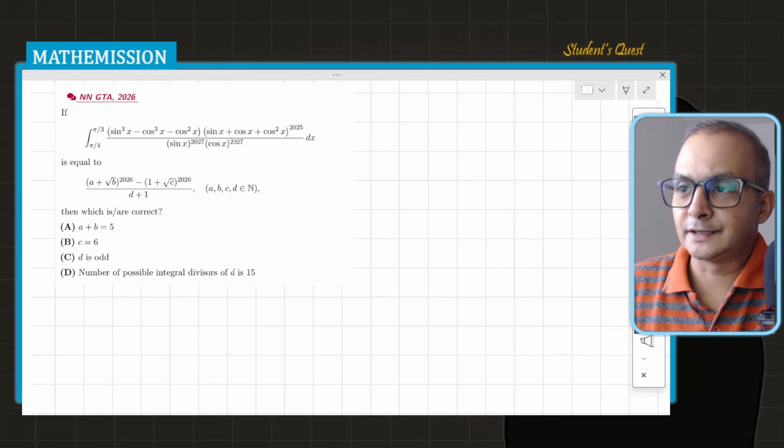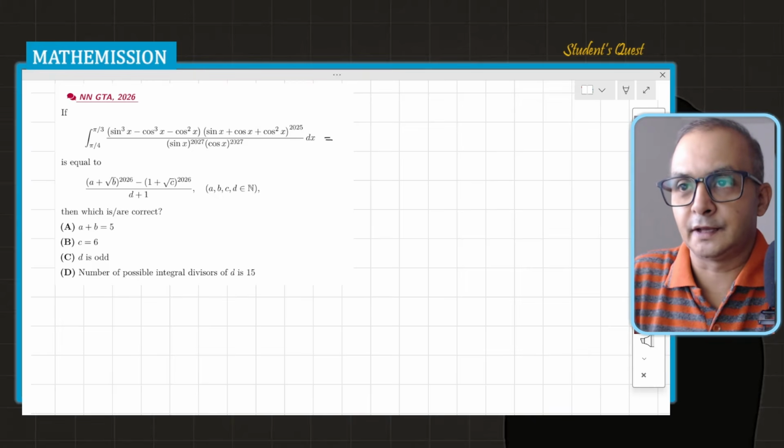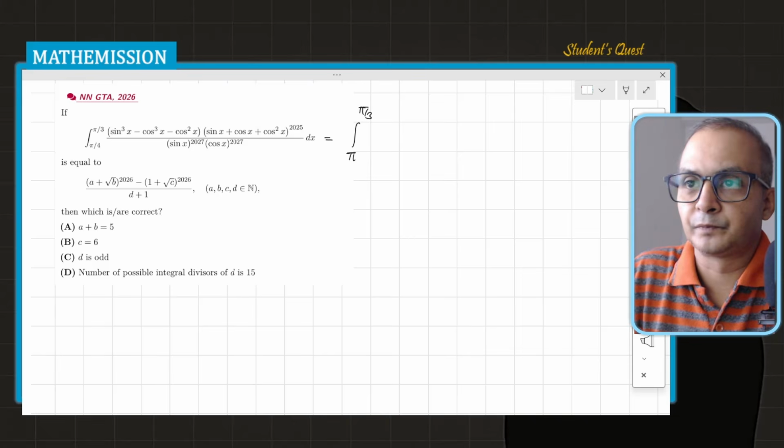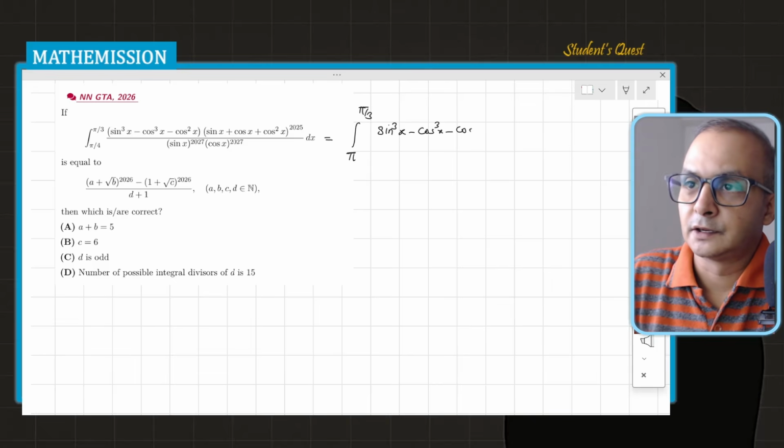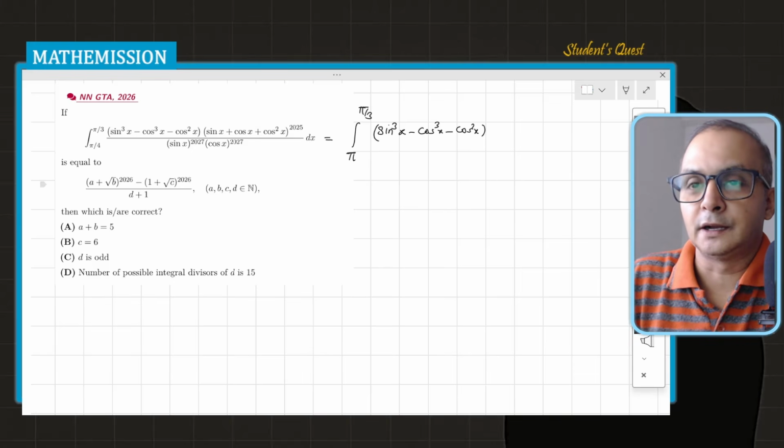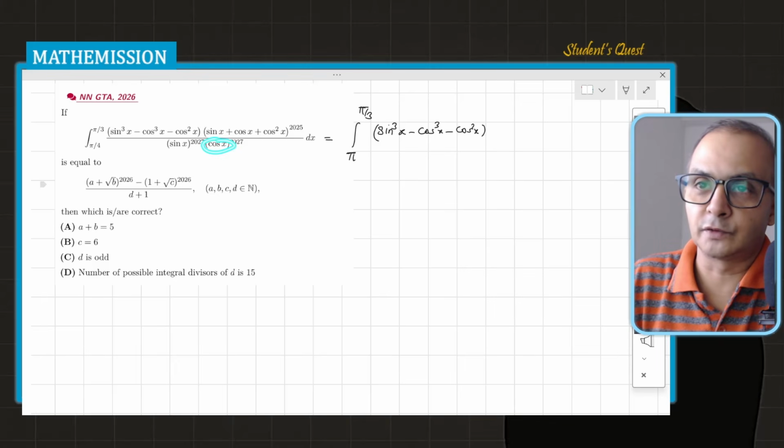So it is inviting us to think in this way: can I not just take, let me write this limit first, sine cube x minus cos cubed x minus cosine square x, and I'm borrowing only two factors of sine and two factors of cosine from here to give to this bracket.